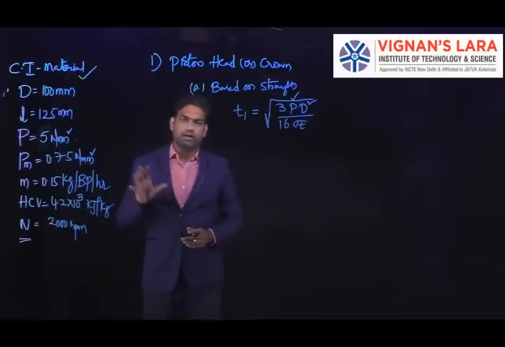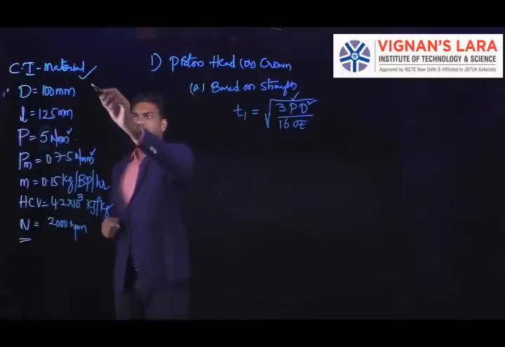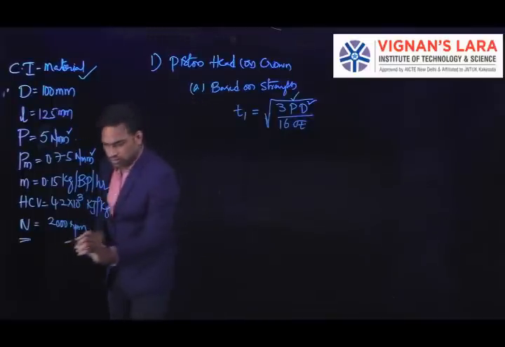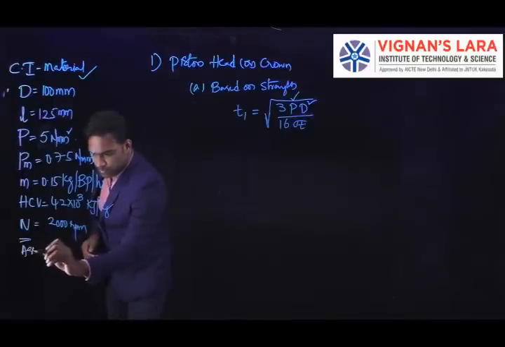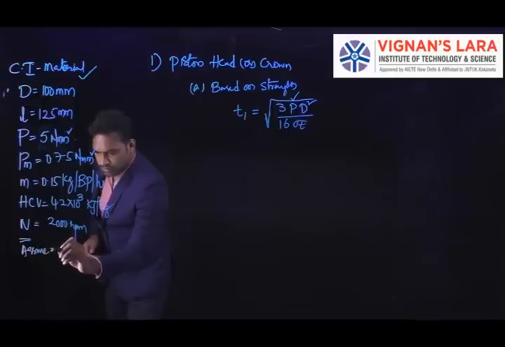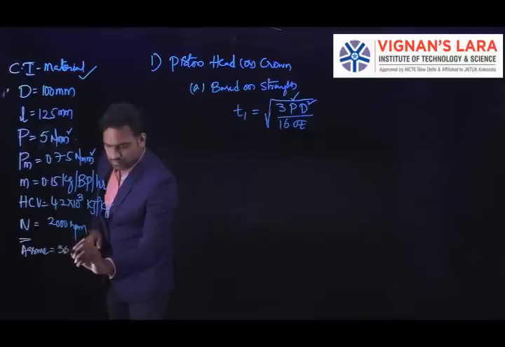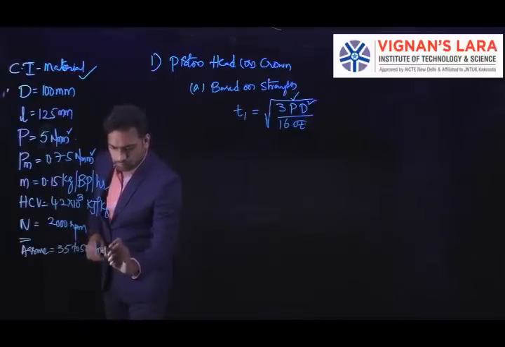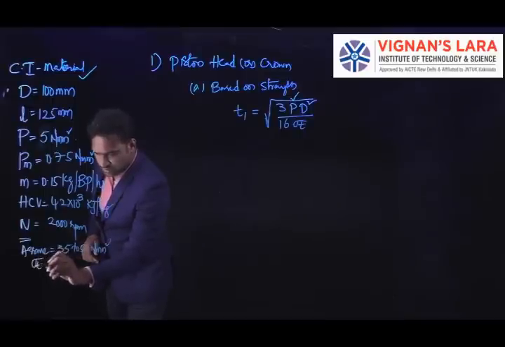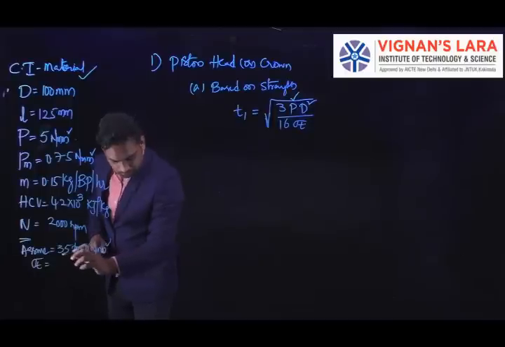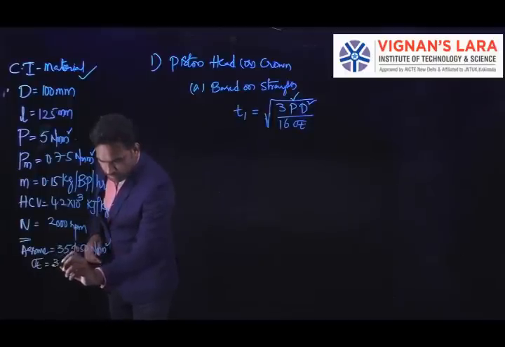So we need to take an assumption based upon the type of material specified, which is cast iron. We know that for cast iron the permissible tensile strength is 35 to 50 Newton per mm square. Here I am assuming sigma T for the piston head material as 38 megapascal, that is 38 Newton per mm square.